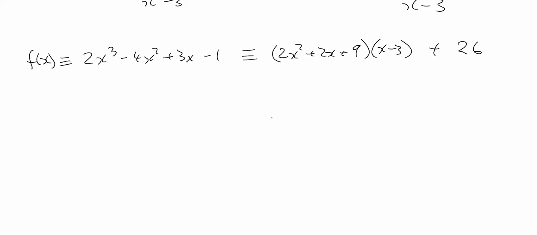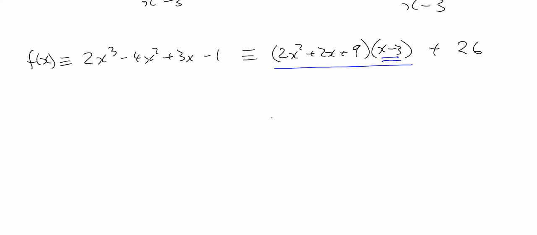On the right hand side, if x is 3, the first term becomes 0, because 3 minus 3 is 0 in this factor. So the whole right hand side will be 26, and that is the remainder when the left hand side is divided by x minus 3.